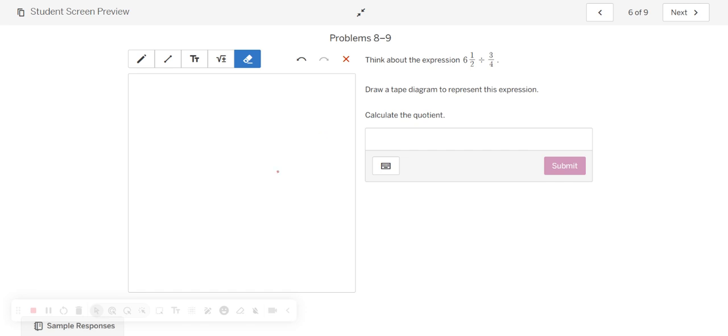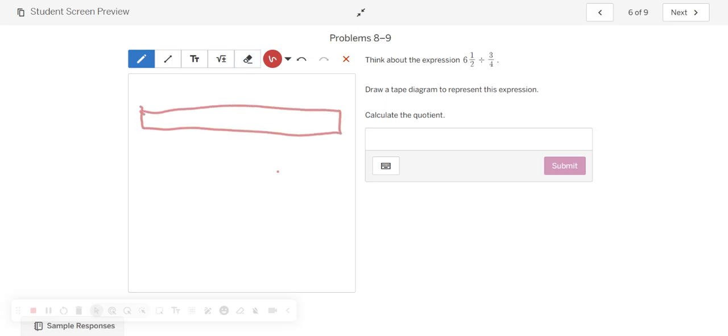Here we go. Let me do 6 1/2, and 3/4. So each one of these I'm going to break up into 4 pieces. 4, 4, 4, 4, 4, and then there'd be 2 pieces here.